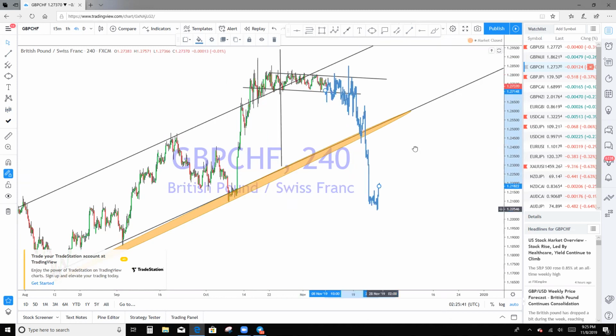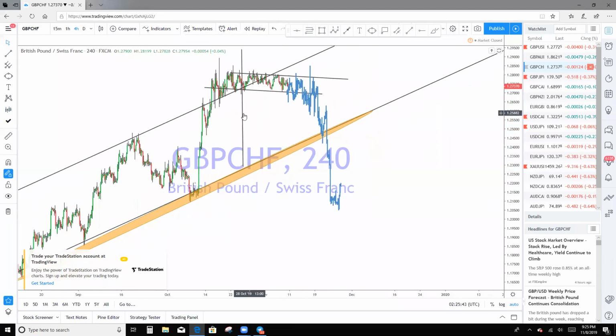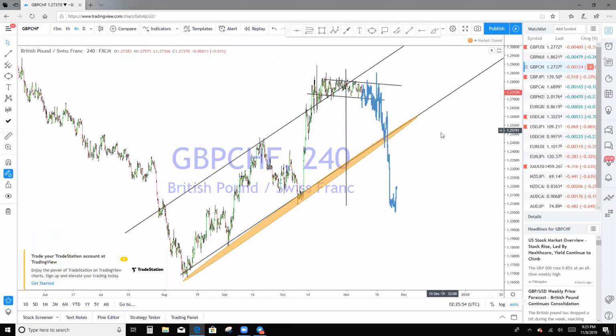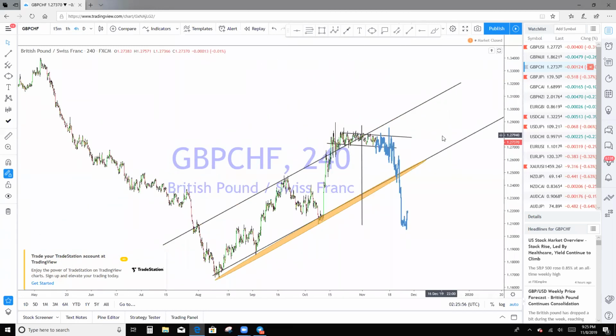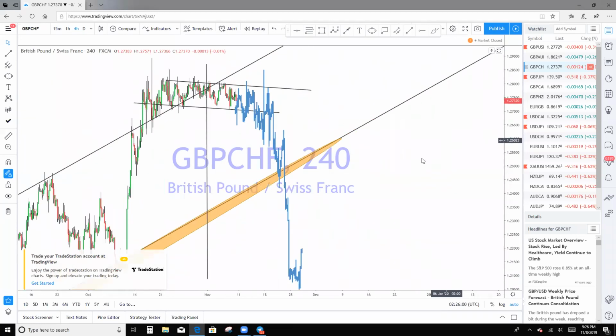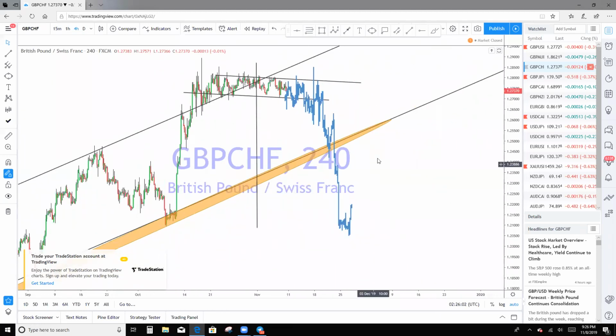There you go. Maybe something like that. Potentially. Because what happens on the left side has to happen on the right. So understand that. G Swissy, looking for the drop. Nothing but the drop.